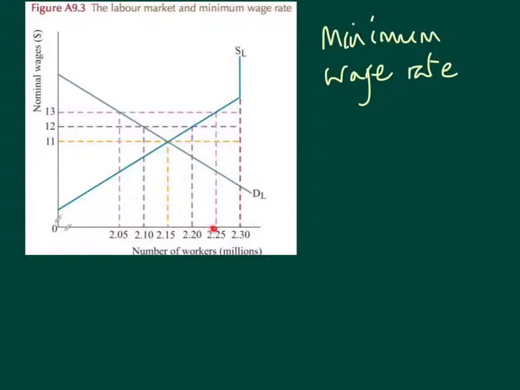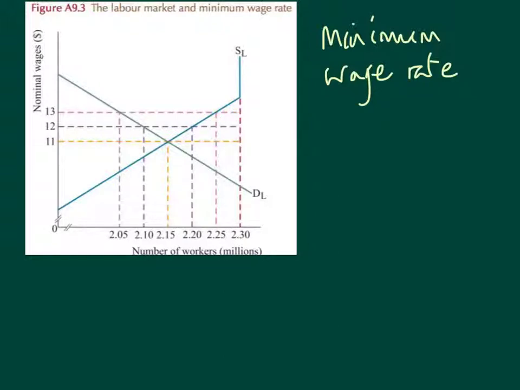All that amount there is called involuntary unemployment. So as the minimum wage rate increases, the area of involuntary unemployment goes up, whereas the amount of voluntary unemployment falls.